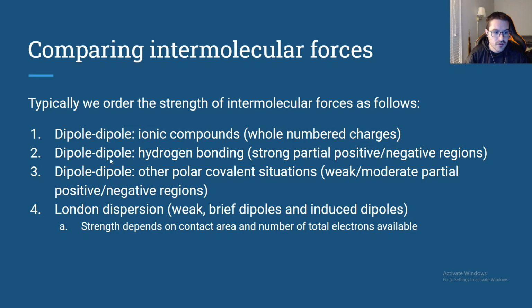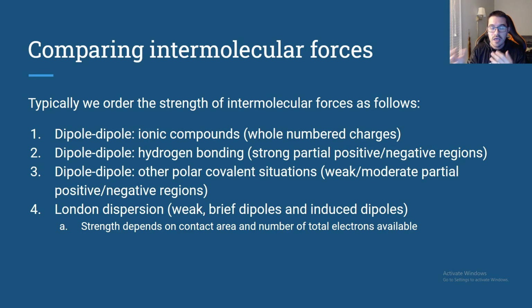Next down your list is, once again, dipole-dipole interactions. These are going to be other polar covalent situations. So these are weak or moderate partial positive or partial negative regions. This might be carbon and oxygen bonded together. Not going to be as strong as a hydrogen bond, but the difference in electronegativity between carbon and oxygen is sufficient to have a polar covalent bond.